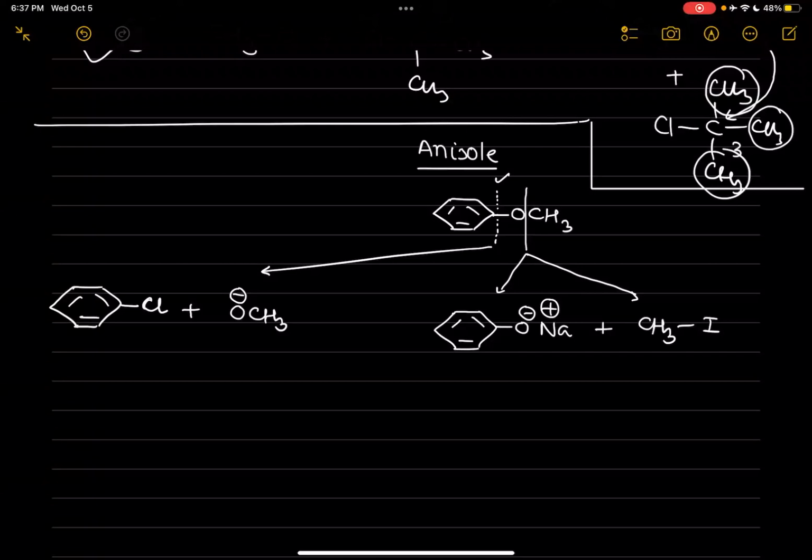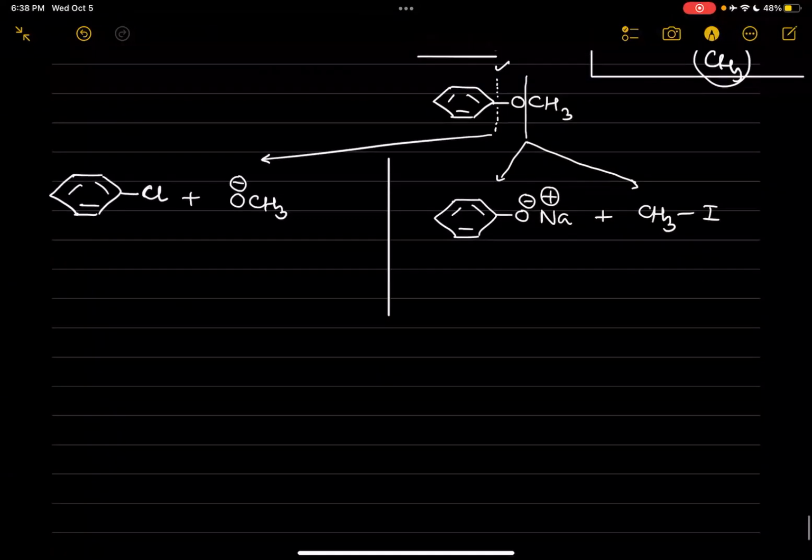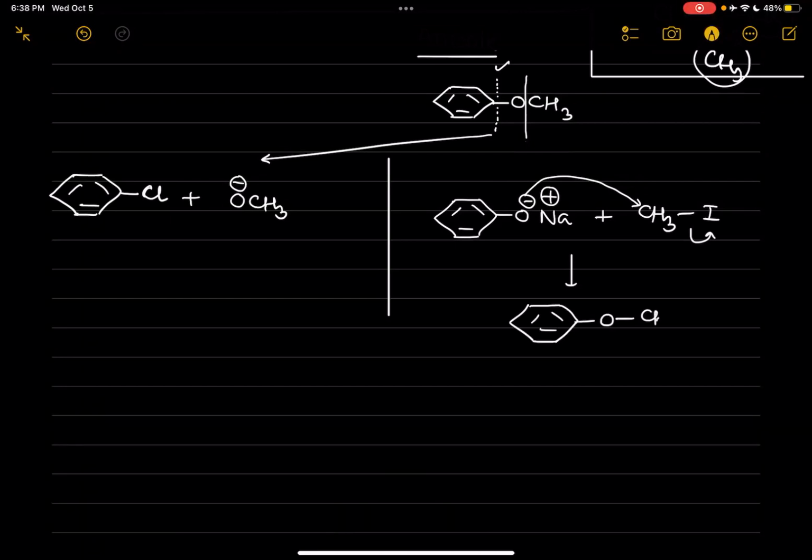Now tell me which is going to be the most suitable choice. In this case, theoretically we can make the anisole. O minus will come and attack the CH3 and I minus is going to come out, and we are going to have PhOCH3 and NaI.